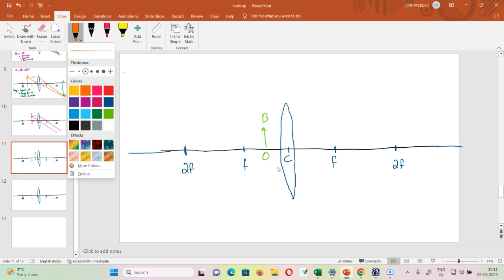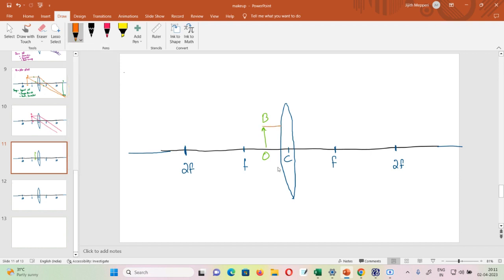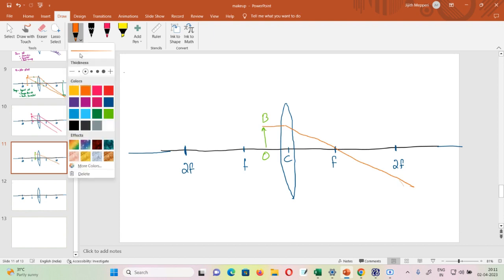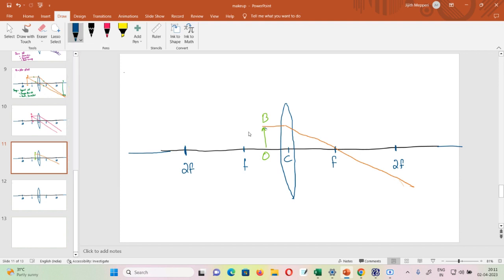I'm going to trace one ray parallel to the optical axis, which will go through the focus, and another ray passing through the optic center, which will go undeviated. You can see that these two rays are diverging from each other.